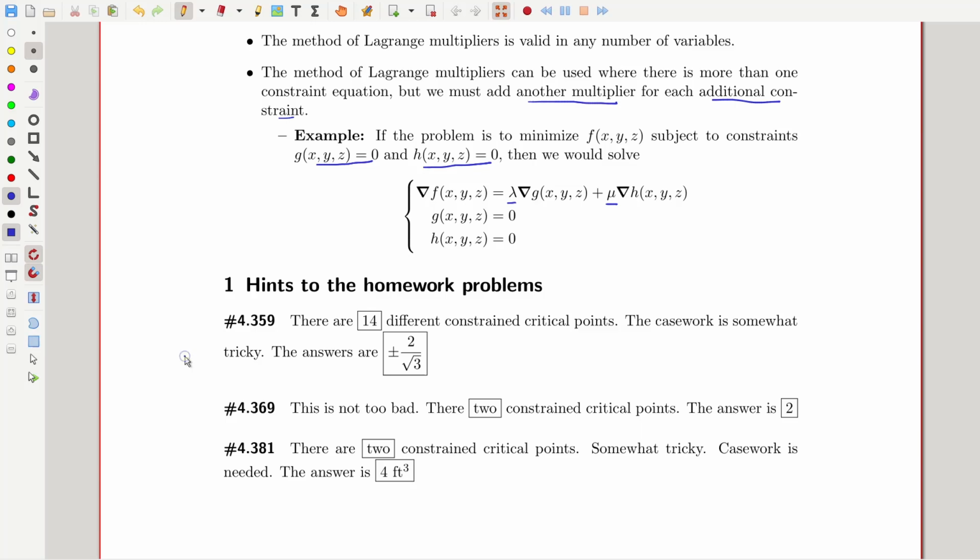And so I thought it would be helpful to not just give you the answers, but also tell you that if you do the process correctly, you'll get the boxed number of critical points if you solve the system of equations correctly. So with problem 359, it's 14 critical points.